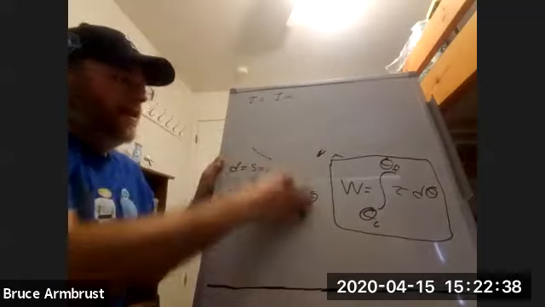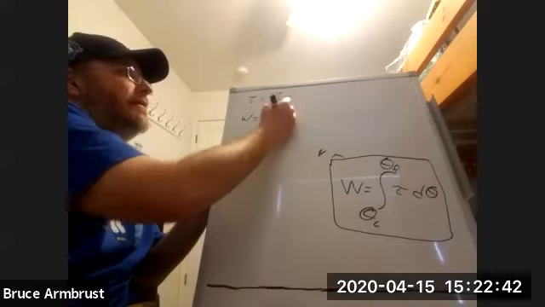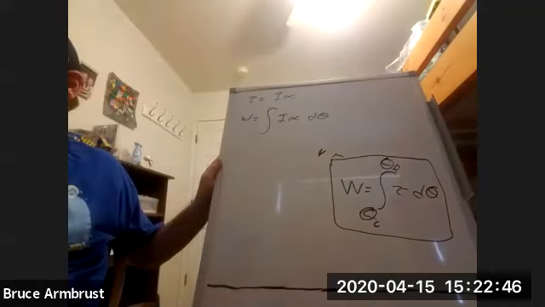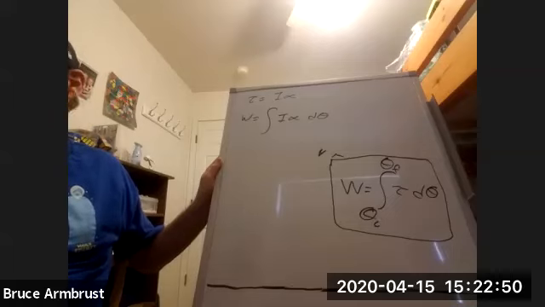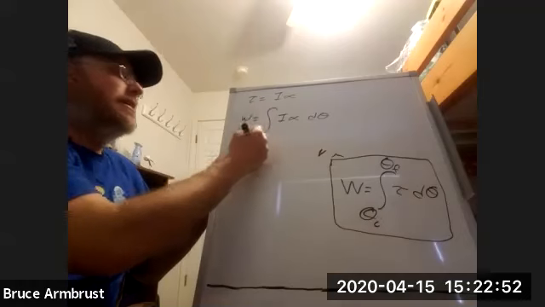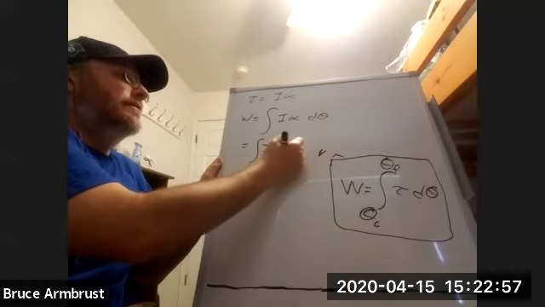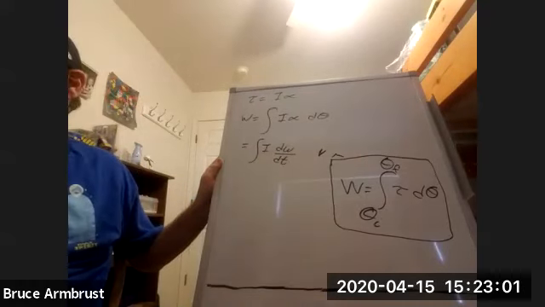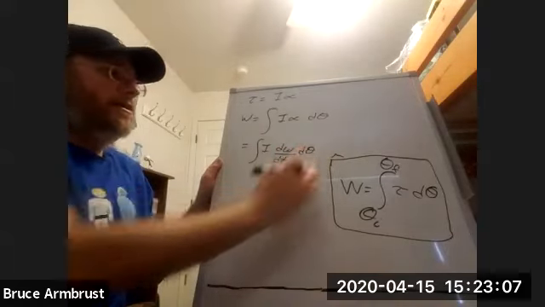So work then is going to be the integral of I times alpha d theta. But let's look at alpha. Alpha is actually a change in omega with time. So I can write this as I times d omega dt, and we've got our d theta.